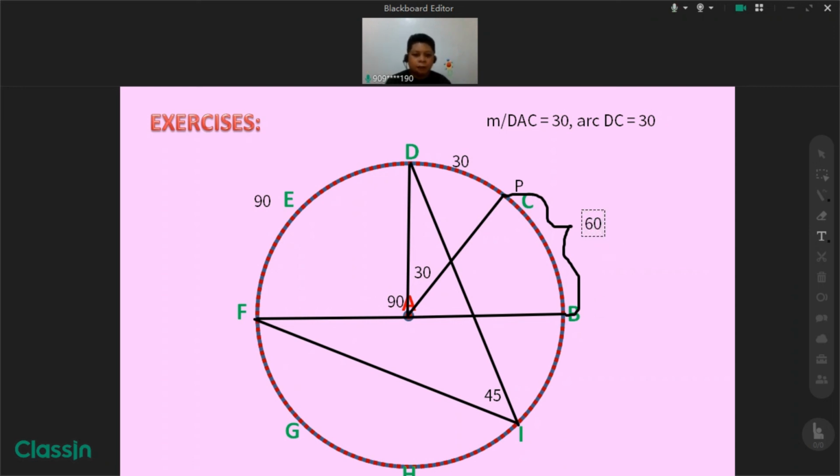That is 60 degrees. So that's how to find the measure of angles, arcs, and other measures.